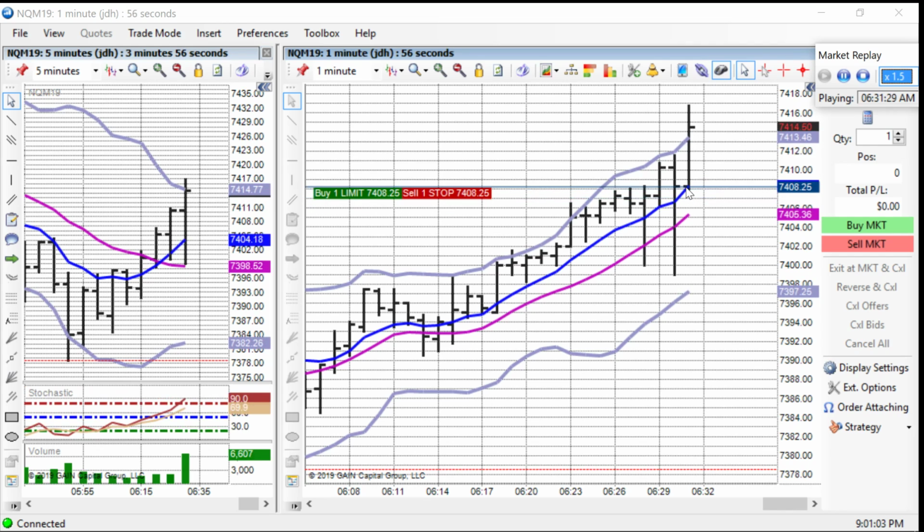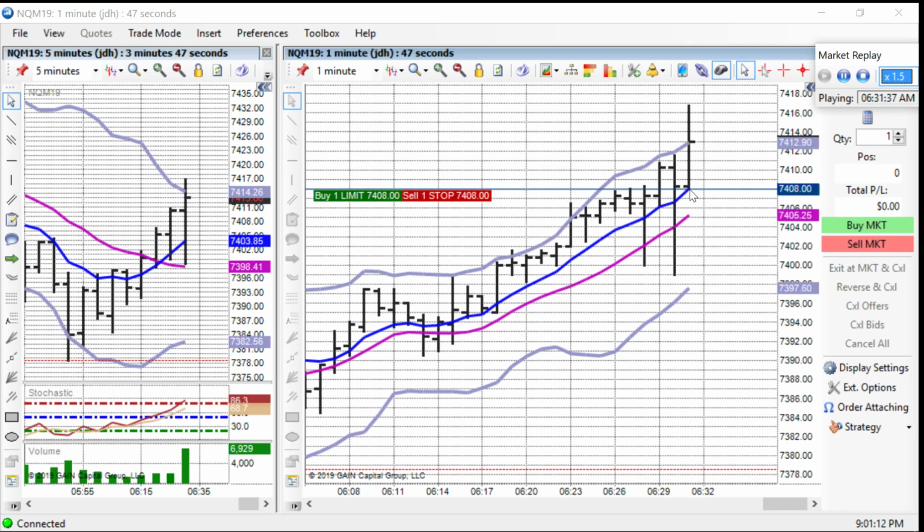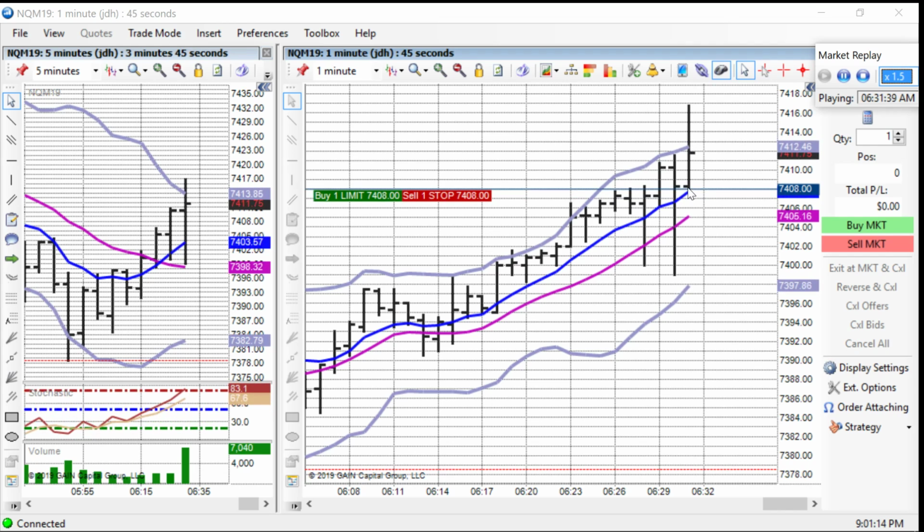But that happened so quickly, it took me by surprise, so I didn't enter that trade. But that would have been a good 5-minute trade if I had entered at the open there, that is, at the same position as the close in the previous bar. But this is one I missed.